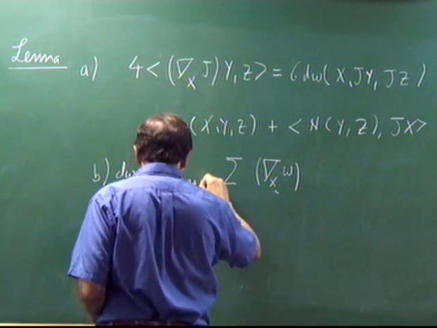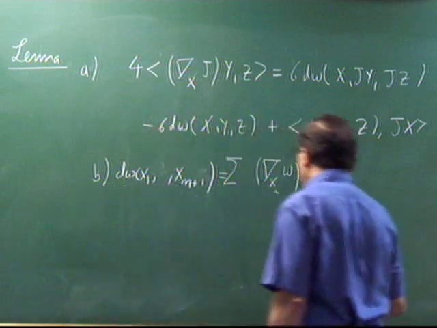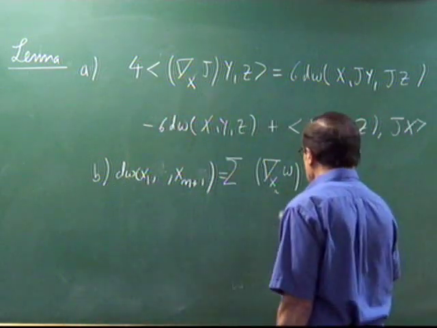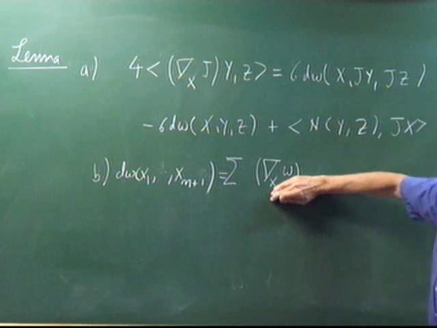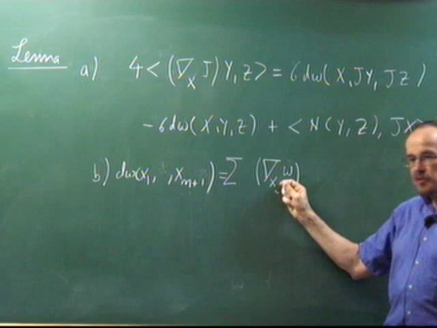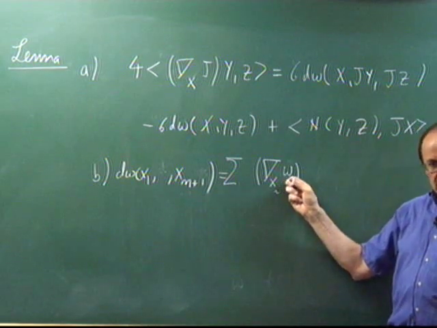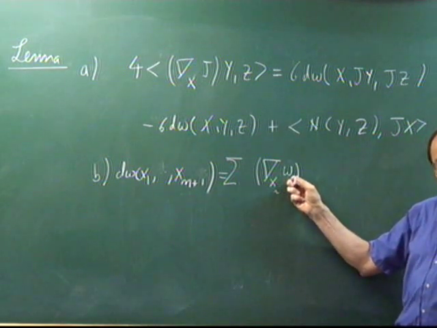Omega is an n form on any manifold. I apply it to n plus 1 vectors. I look at essentially the covariant derivative, but of course that's not skew symmetric. So for my extra argument, I'm going to put the covariant derivative here as an extra vector field. When I do that, it's not skew symmetric, so I skew symmetrize.